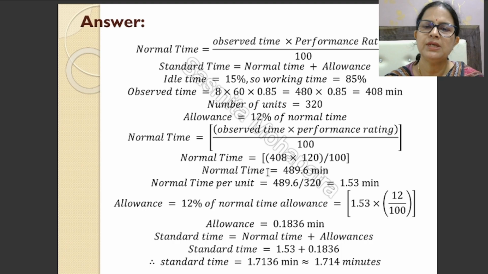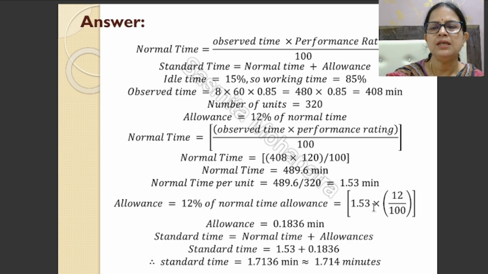So when we calculate the normal time, that will be 489.6 minutes. So normal time per unit, if we are calculating for 320, is 1.53. Allowance is 12% of the normal time, that is 1.53 into 0.12.